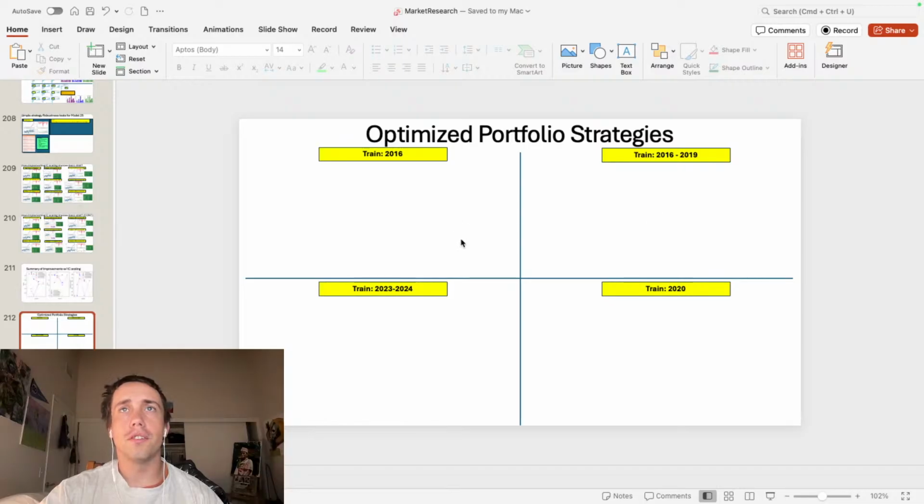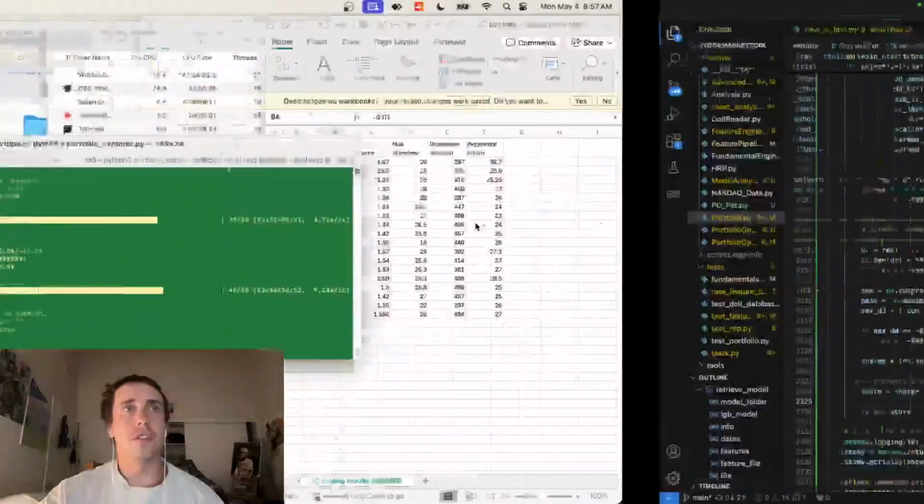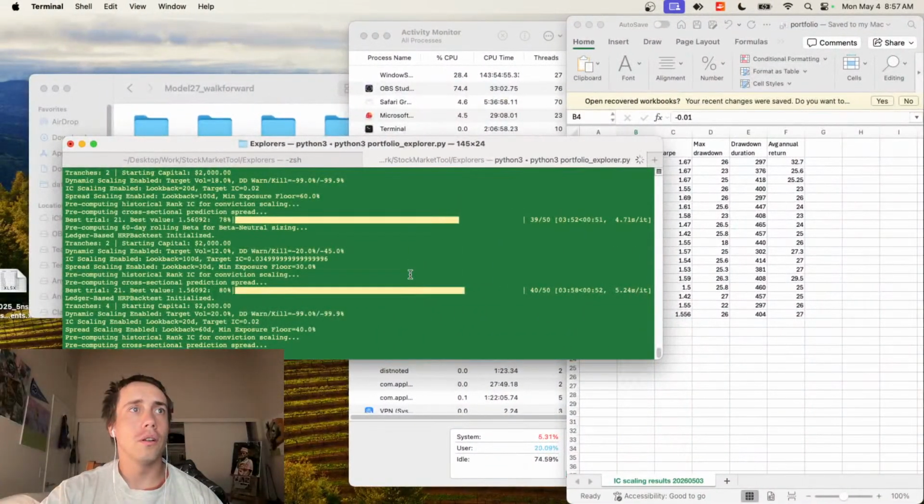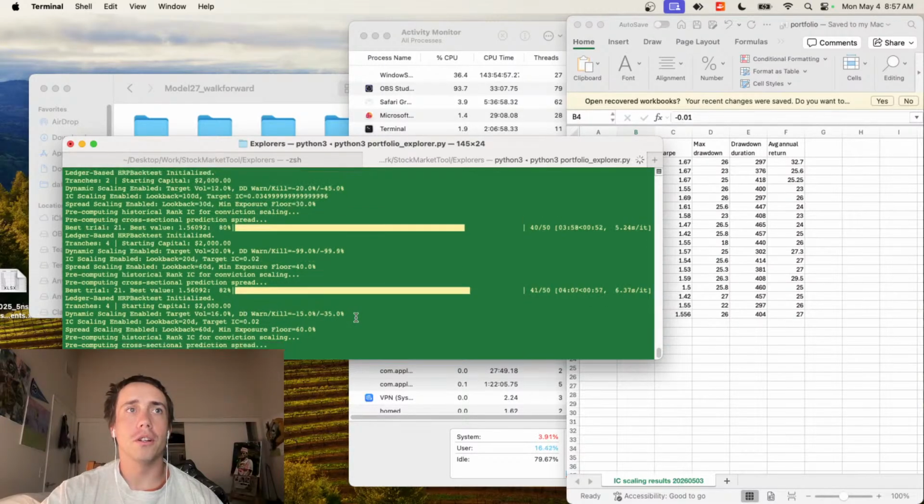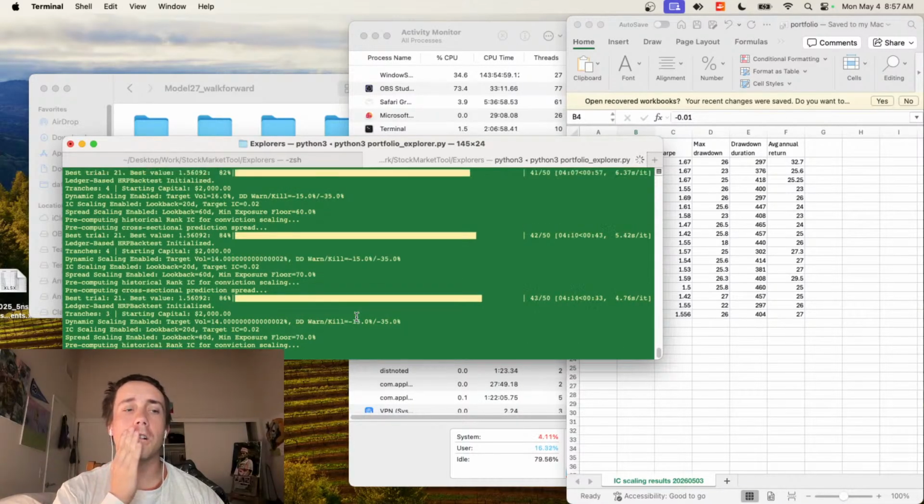So let's see if it's finding different parameters. That might be something interesting. What's it getting? 1.56 for the drawdown weighted Sharpe. That's pretty good. There's a lot of parameters though, so I might need to let it go through more trials.